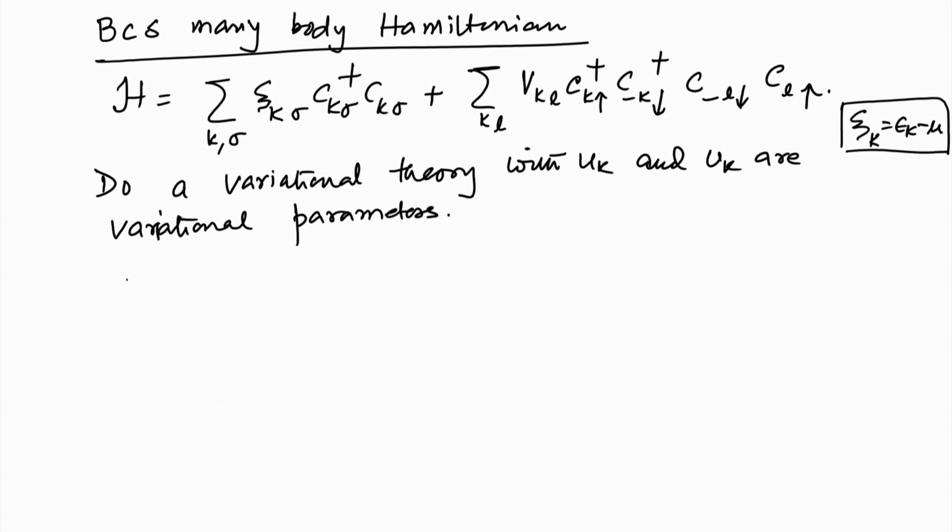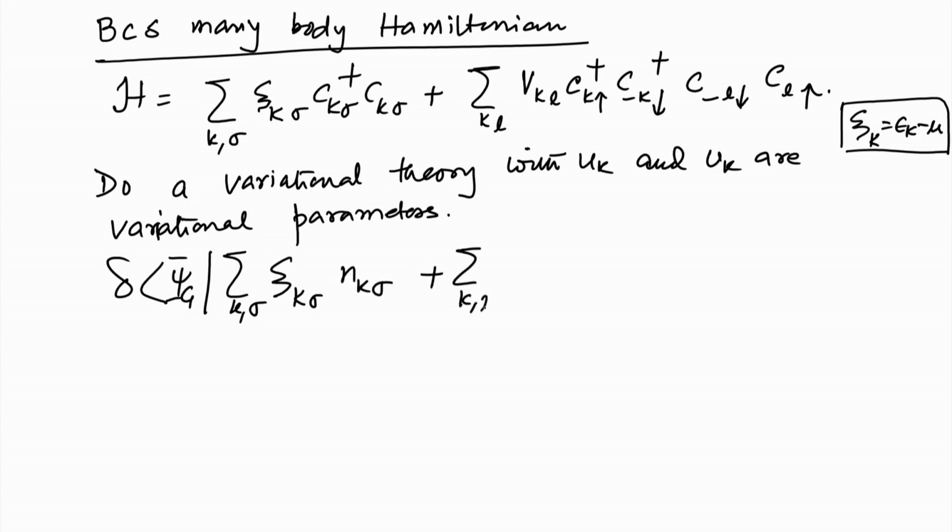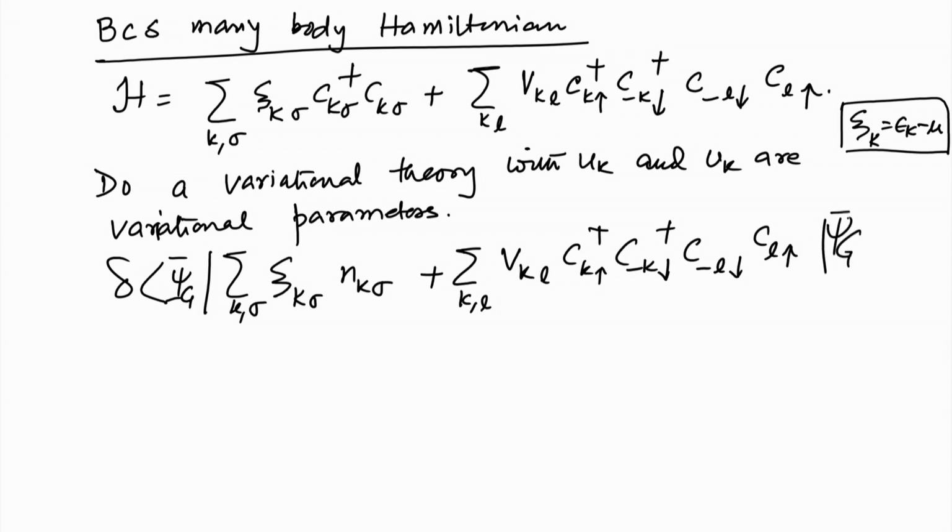So, what we have to do is take this variation: sum over k, sigma of xi_k sigma n_k sigma, plus sum over k, l of V_kl c_k↑† c_-k↓† c_-l↓ c_l↑.